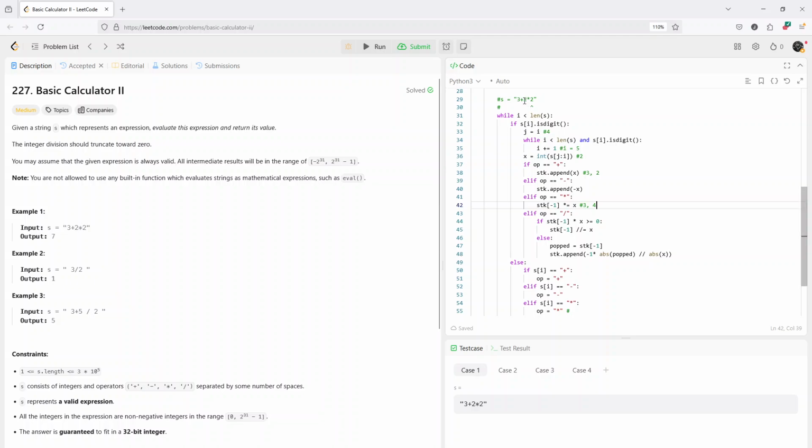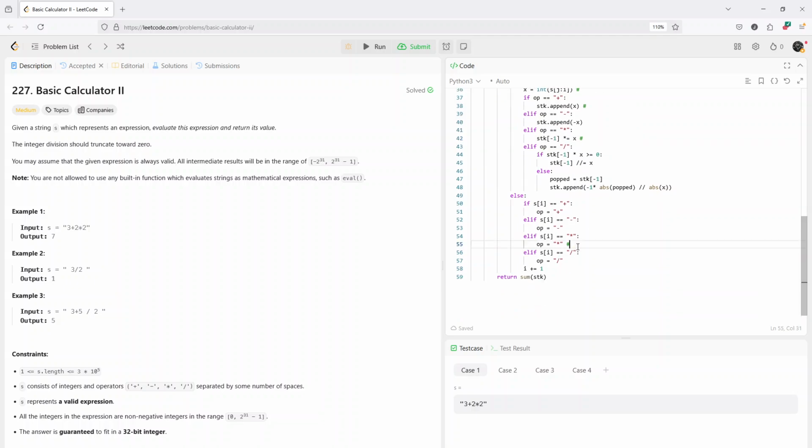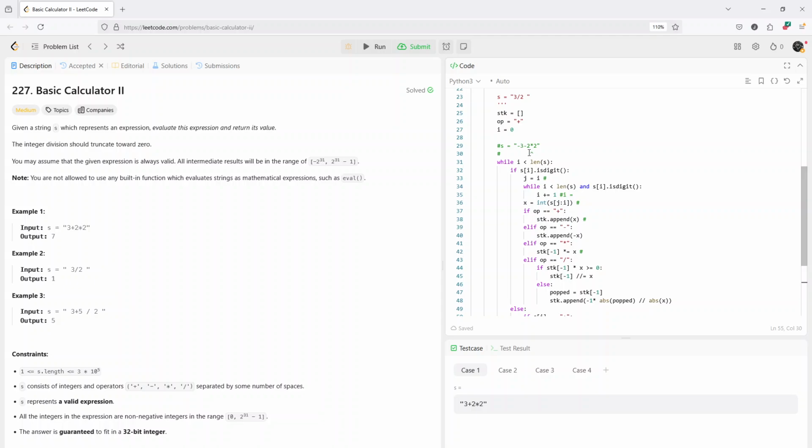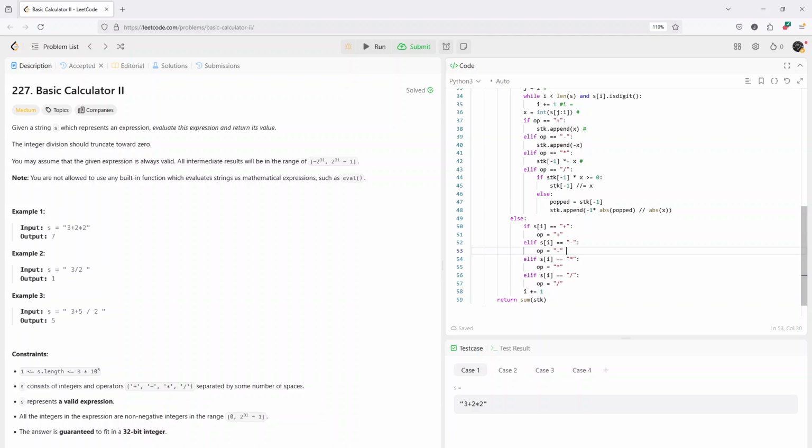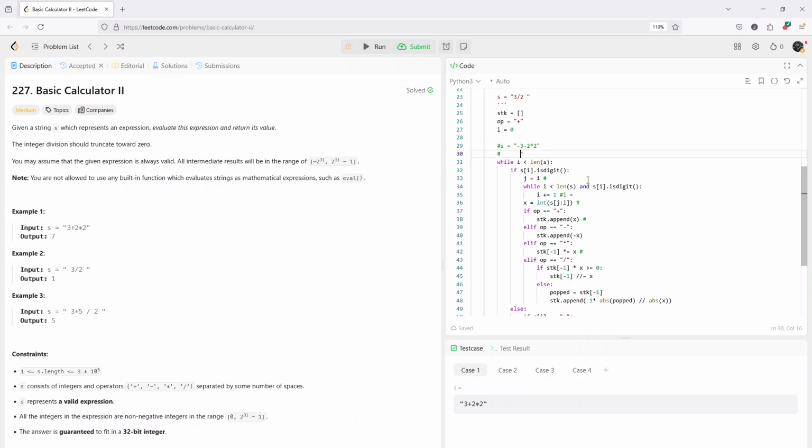So let's make this a little trickier. Let's say we got a minus here and a minus here. Okay, so we hit the minus, so then this gets hit. I plus equals 1, so now we're at the 3. 3 is a digit, j is 1.